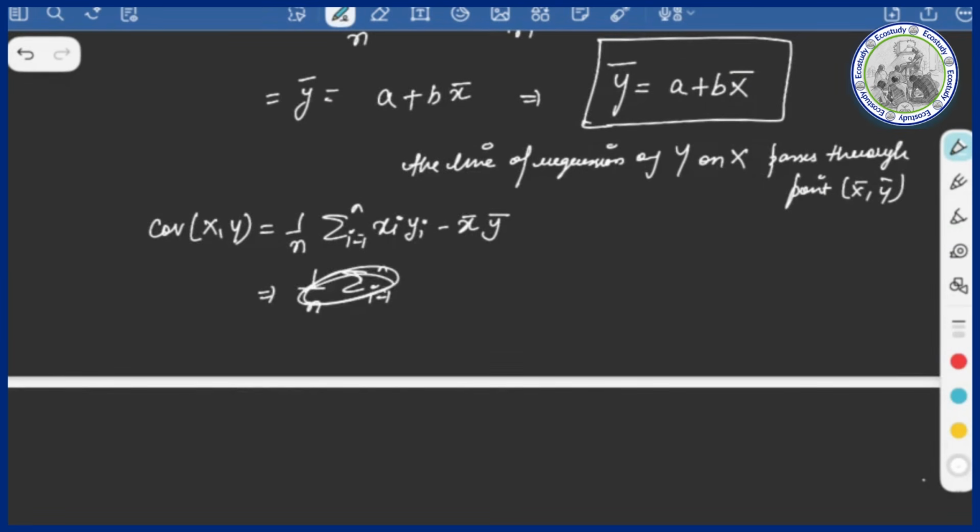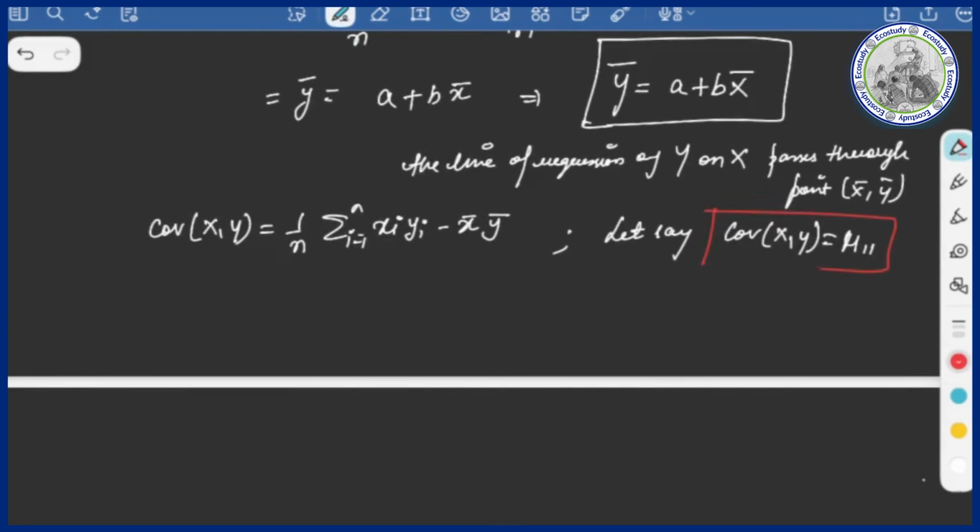Now I will use some small notations because it's quite large. For some instant, let's say covariance of xy I will write as mu 11. So from here we can write it as mu 11 plus x bar y bar.